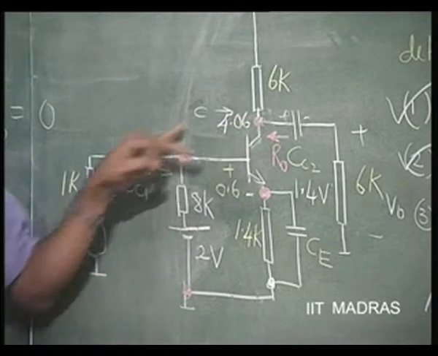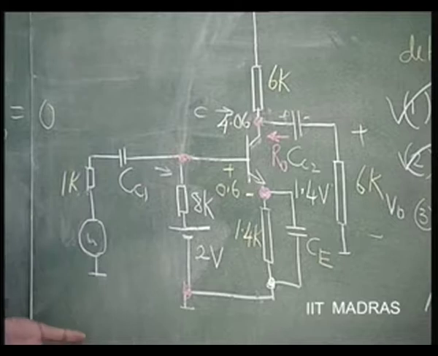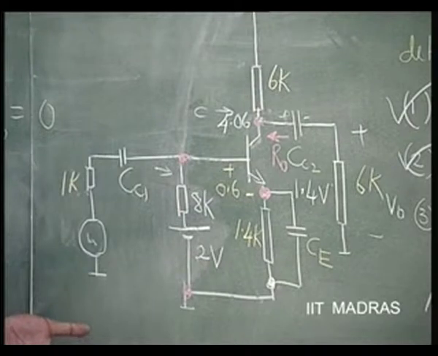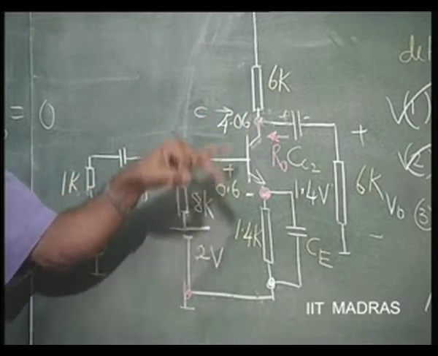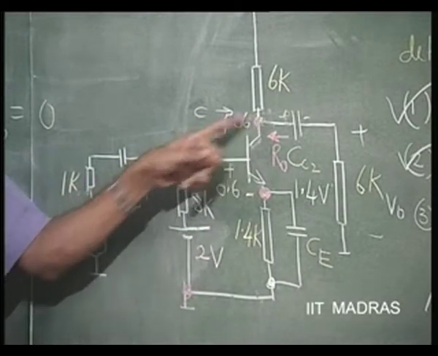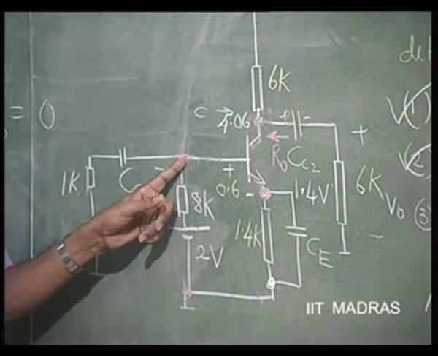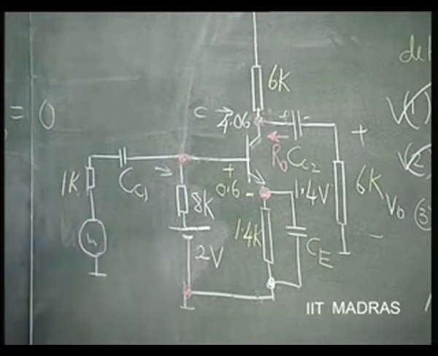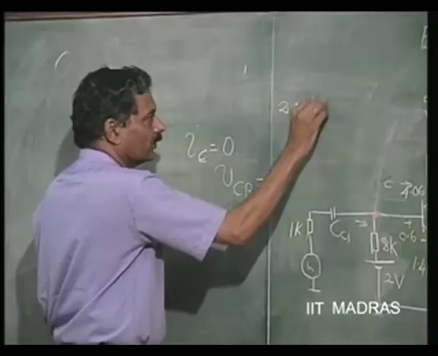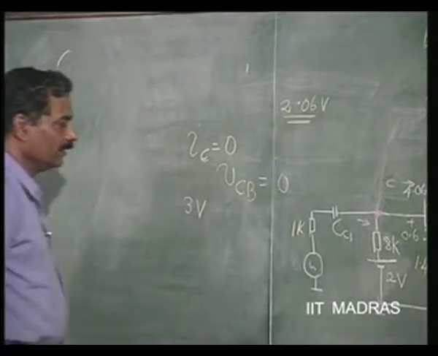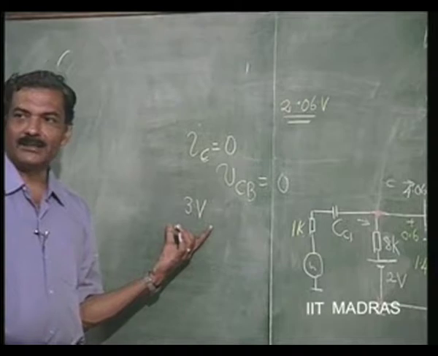So the voltage swing possible here is, how much is it? 2.06. Because when it goes from here, down by an extent of 2.06, this potential will become same as this potential. So 2.06 volts is the swing on the other side. On this side, the swing is 3 volts.